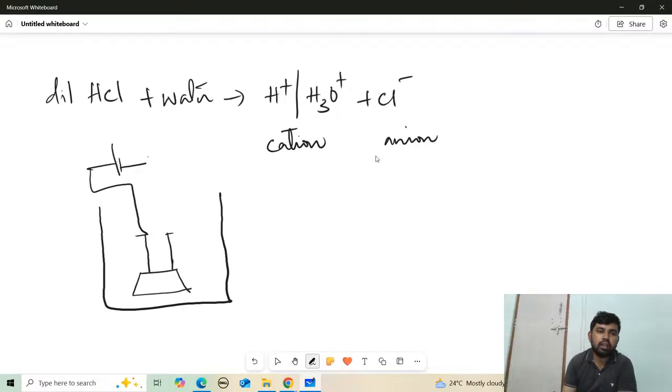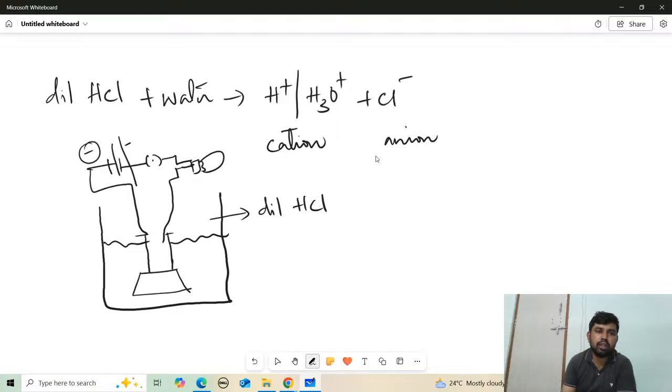Think of this as the switch and this as the bulb, also connected here. Now they are taking dilute HCl. Suppose this is negative and this is positive. This is the cathode, and this is called the anode.